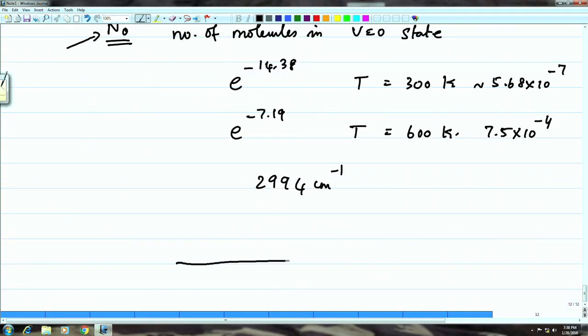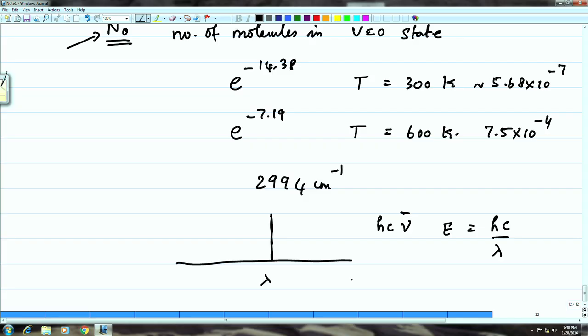So, if you plot the spectrum as a function of lambda, please remember the energy at which the transition appears is h c nu bar, or h c by lambda.